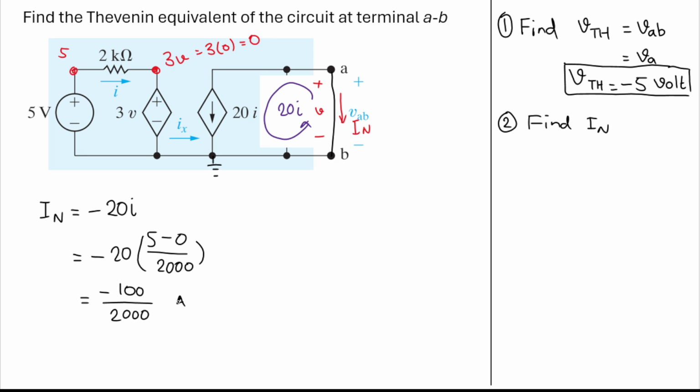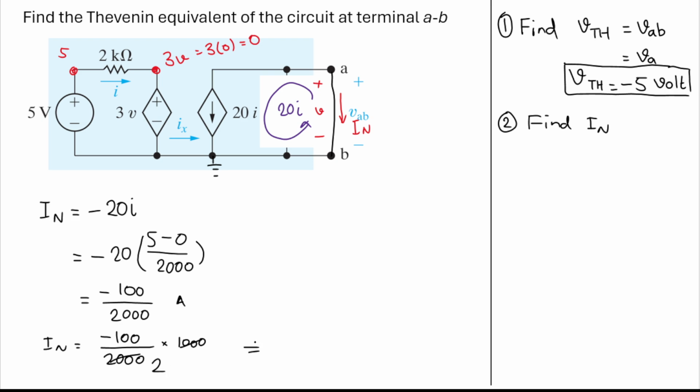I think I will rewrite that in milliampere, right? So I will have IN is equal to minus 100 divided by 2000, then multiplied by 1000. So this will cancel into 2.